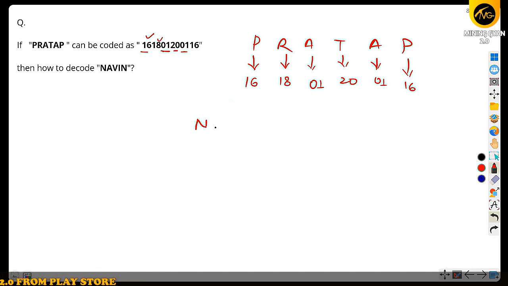Similarly, you can do this for NAVIN. The base number for N is 14. Similarly, use 01 for A, not 1, because in the PRATAP example, A has 01, not a single 1.